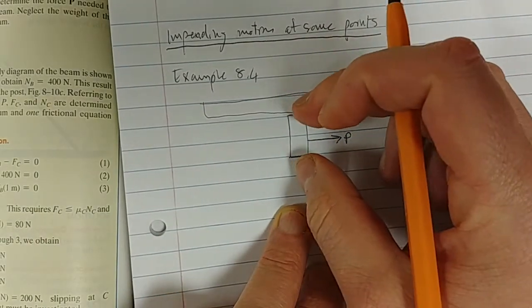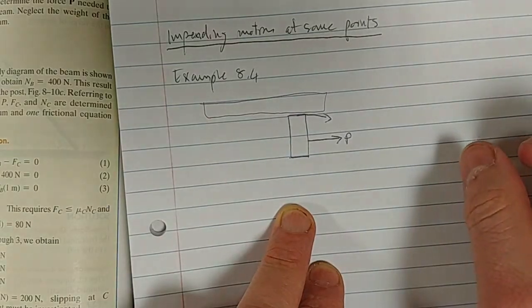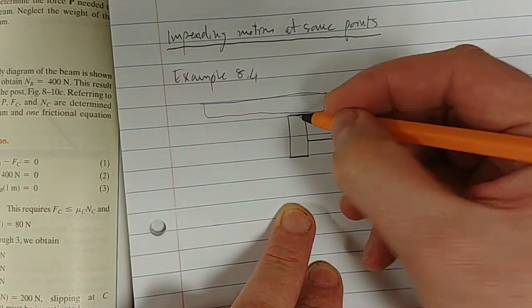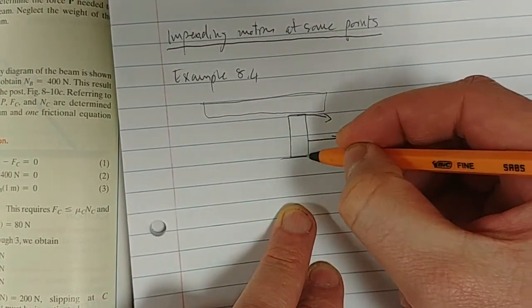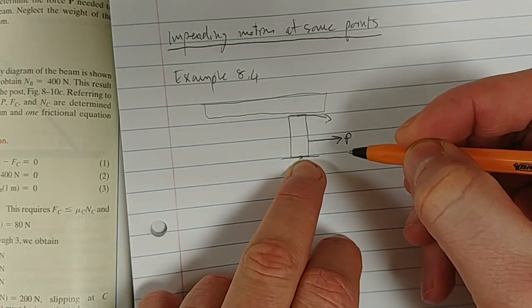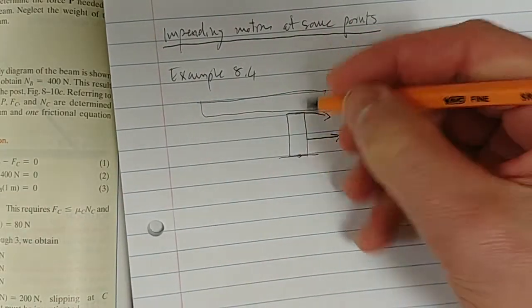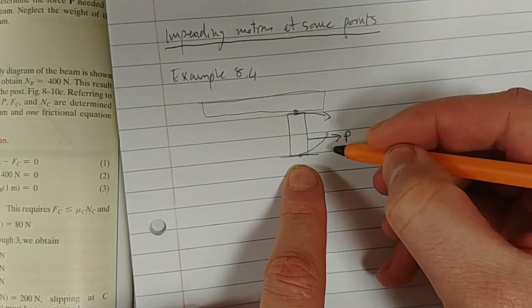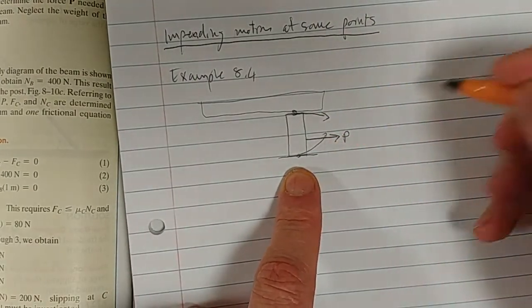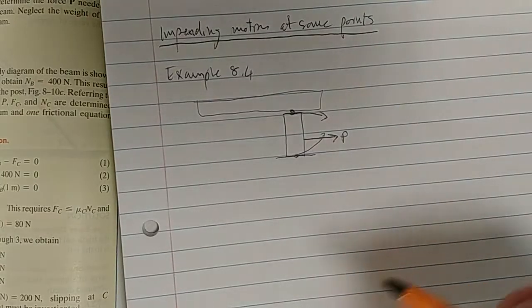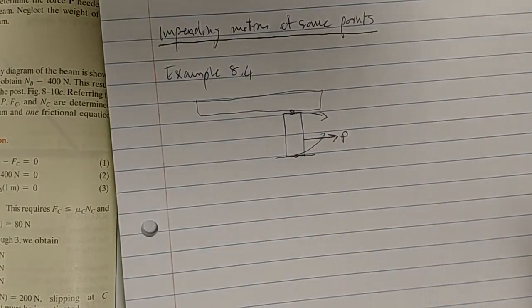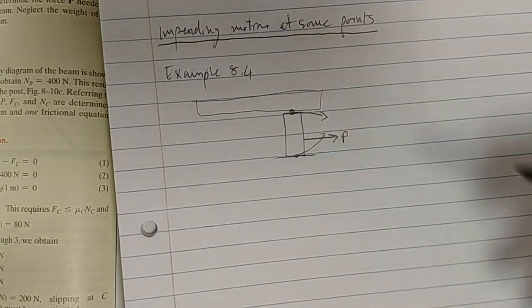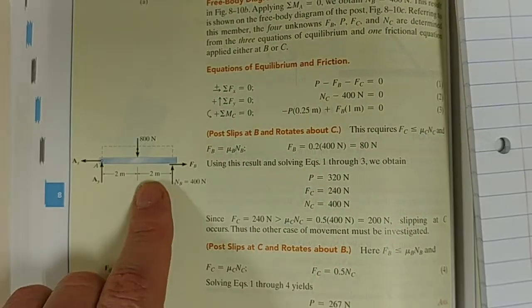So the post could move like that, and you could pull it out in that way. That's the one option, and there's no movement at this point. Or the other one is that there's no movement at this point and you pull it out like that from beneath. Okay? So there's essentially two scenarios we have, two cases, two assumptions. All right?